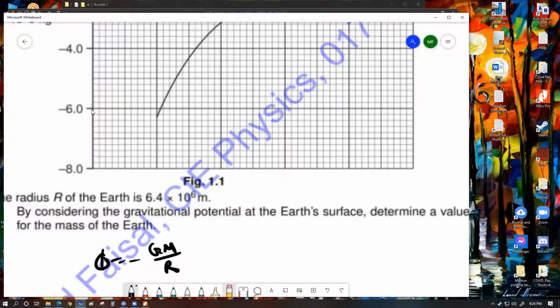This is 6.2, this is 6.3. I told you, do you understand why it is 6.3? I'm considering this is the crossing point, so it's 1.5 divisions. So this is 6.3.